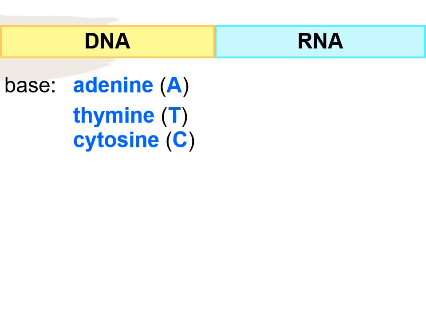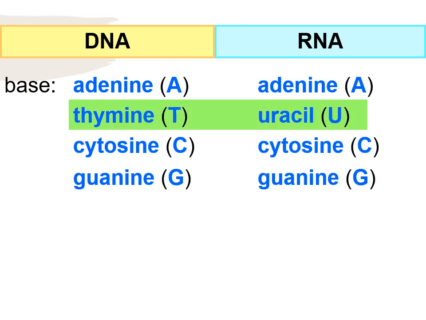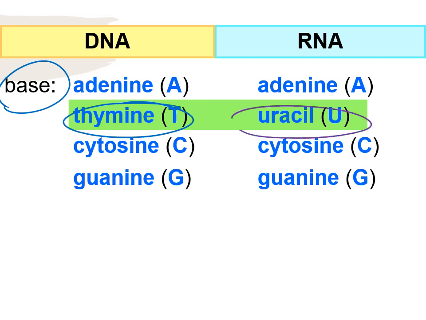So the final difference between DNA and RNA is that for DNA you have the nitrogenous base T, but for RNA you don't have thymine, you don't have the letter T. The nitrogenous base T is changed to U, uracil. So this is another difference between DNA and RNA.